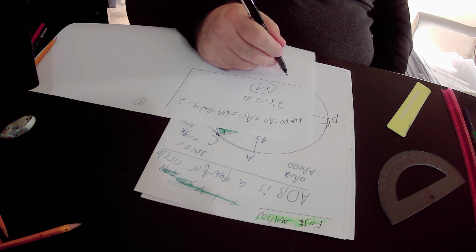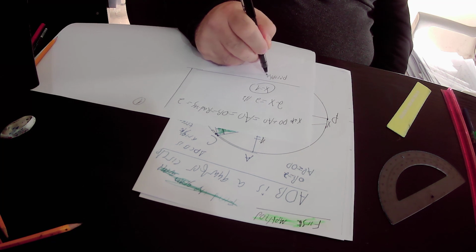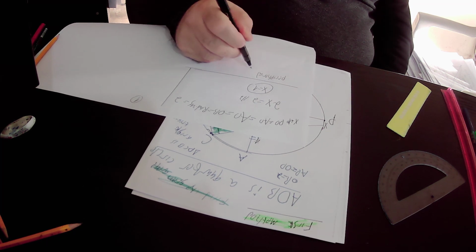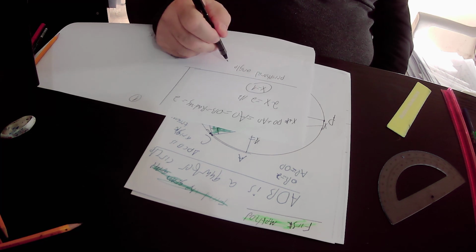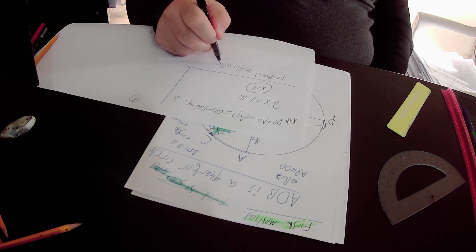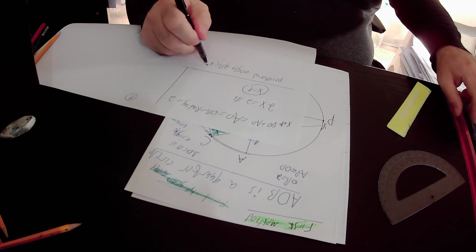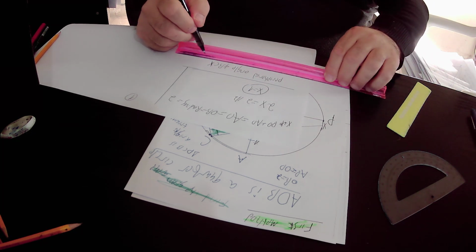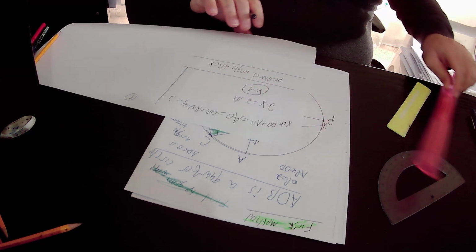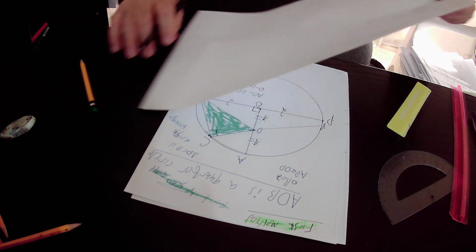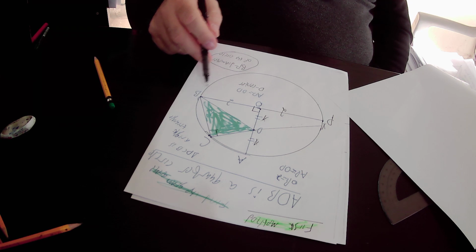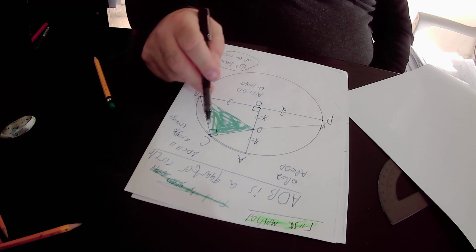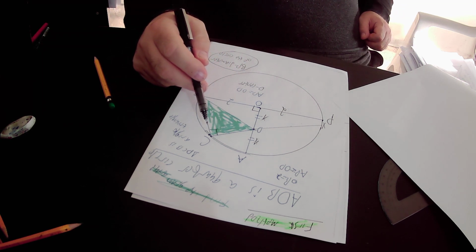Here peripheral angle BCX. BCX is the peripheral angle because it touches the circle at 3 points: at point B, at point X, and at point C, that is the vertex of the angle.